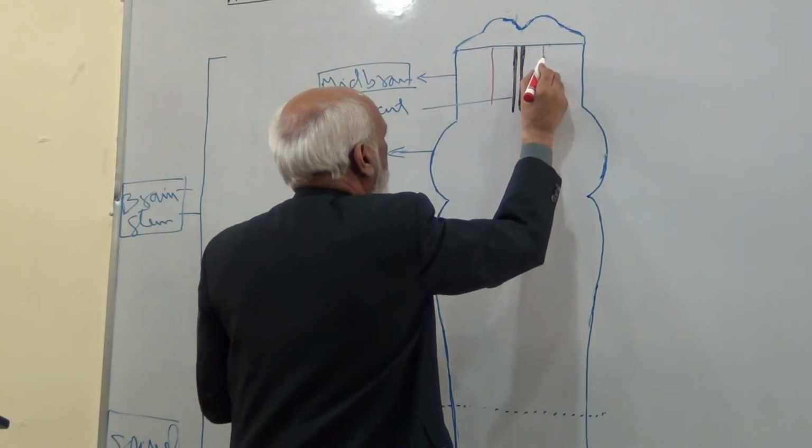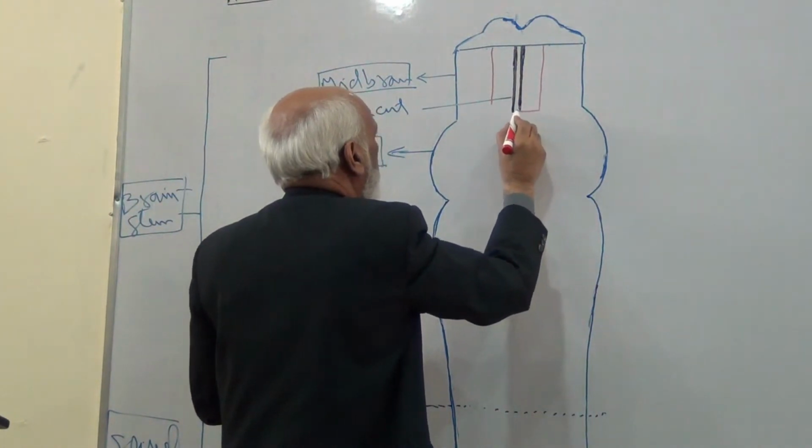This is known as the periaqueductal gray matter or central gray matter.